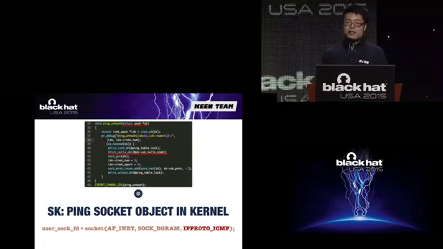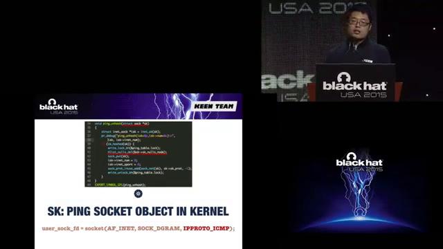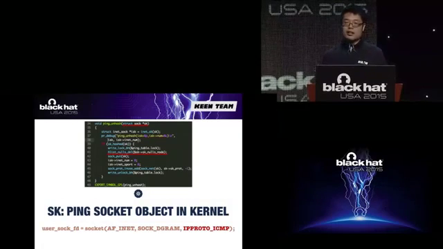It is a socket object in the kernel, passed into ping_unhash, so it is a ping socket object in the kernel, and the attacker can create such an object in his user program by calling socket and specifying the ICMP protocol.